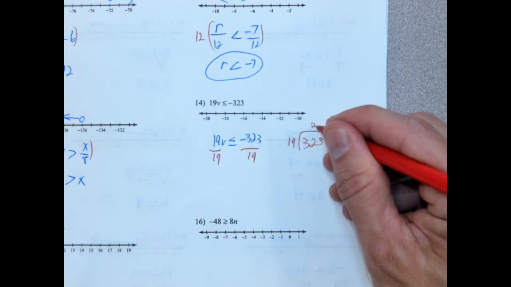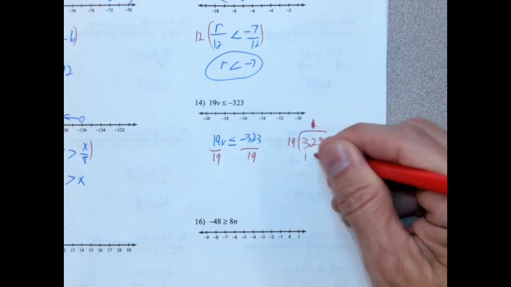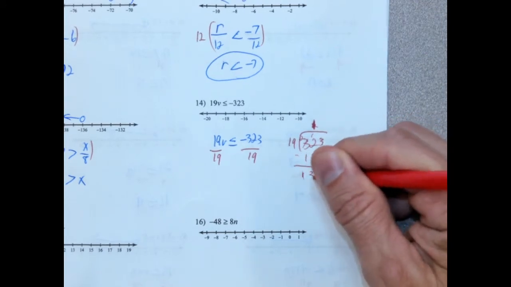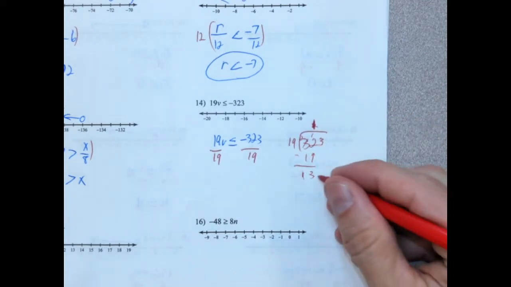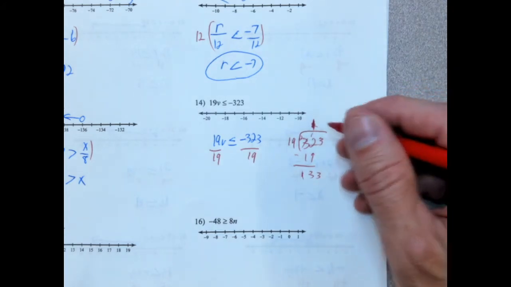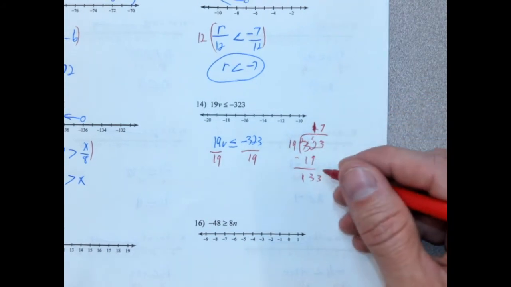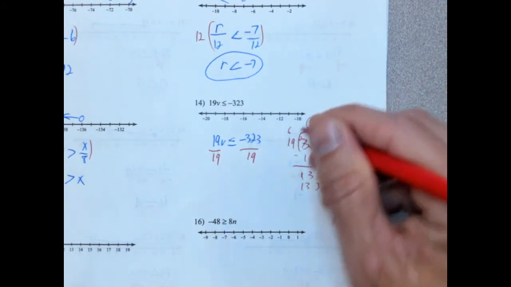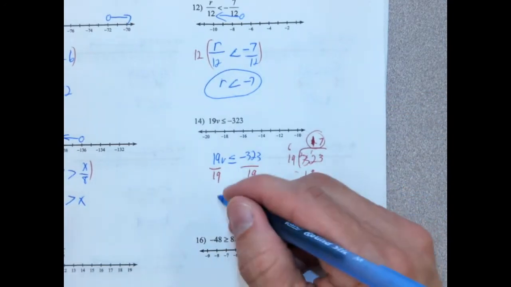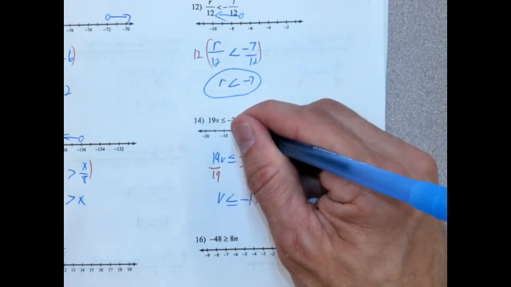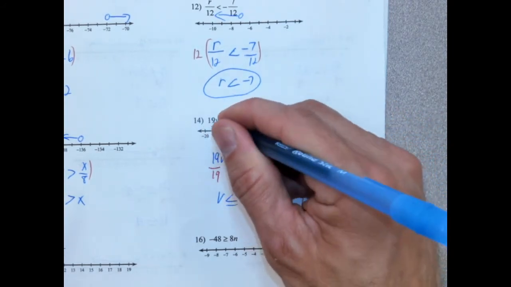That's going to be 17. 7 times that is going to be 63. Yeah, okay, so 17. So v is less than or equal to negative 17. So it's going that way, filled in circle.